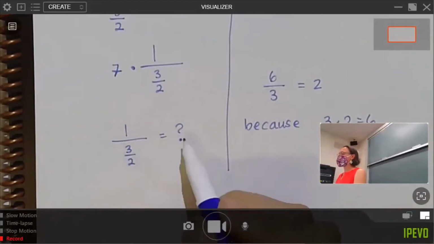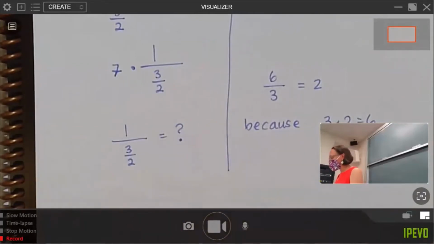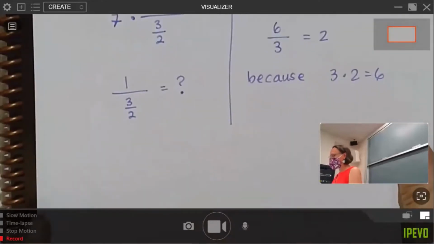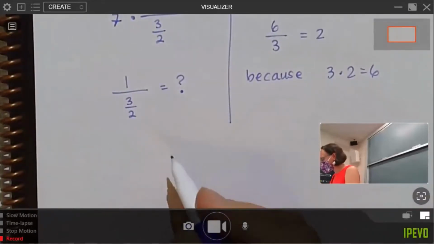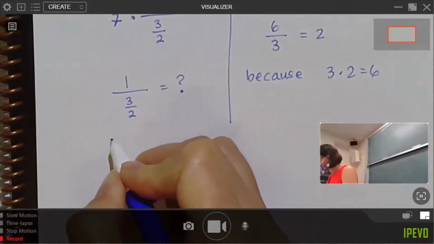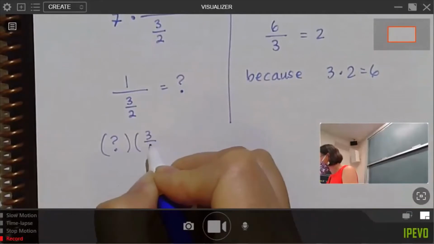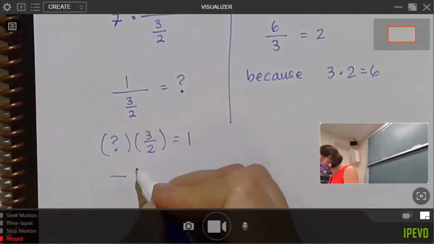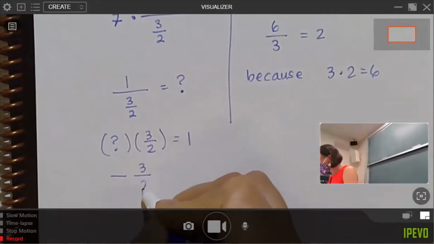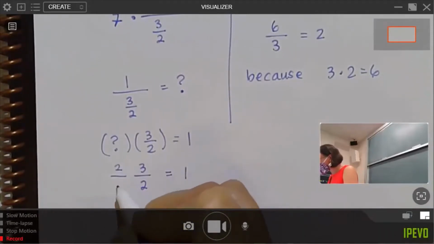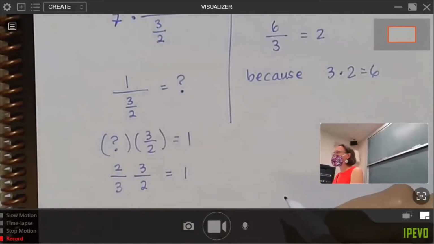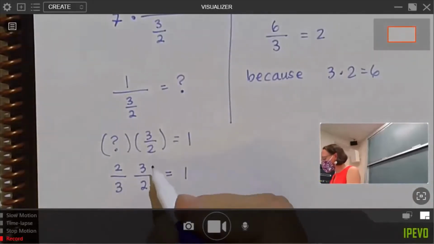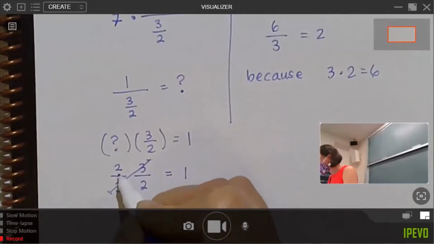If I think about that same sort of because statement here, then this side would be saying to me that something times 3/2 has to be equal to 1. And if that's true, the fraction that's got to go here in order to make this work is 2/3. So that I end up with 6 over 6. Or like we talked about last week, I can cancel these out, but I want to make sure that I'm showing that they're equal to 1.